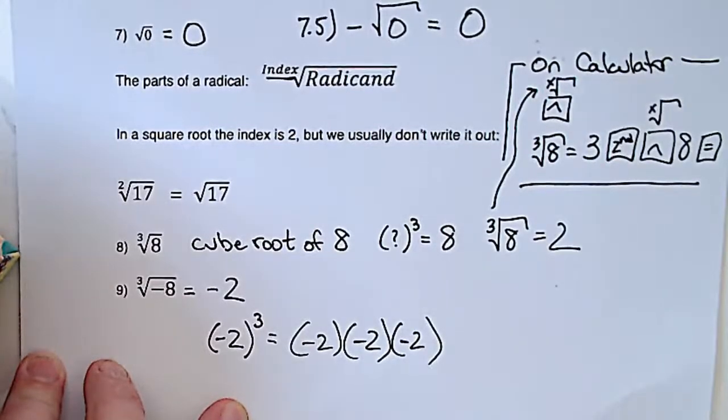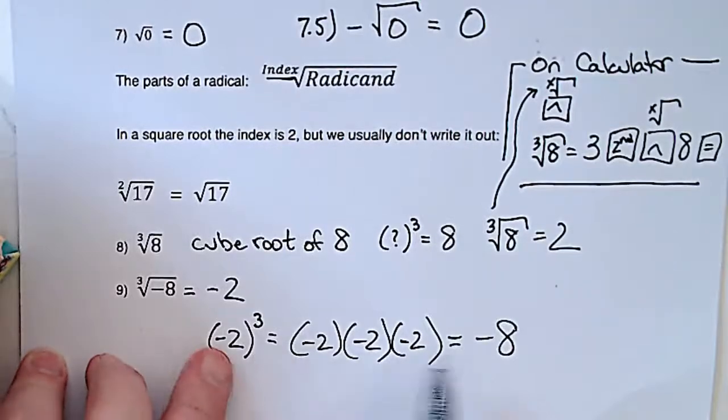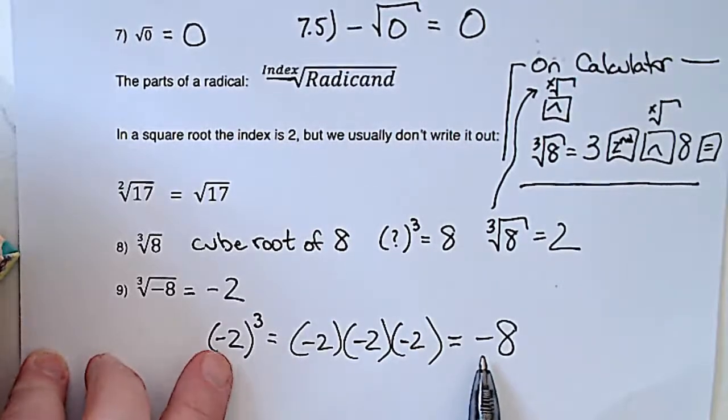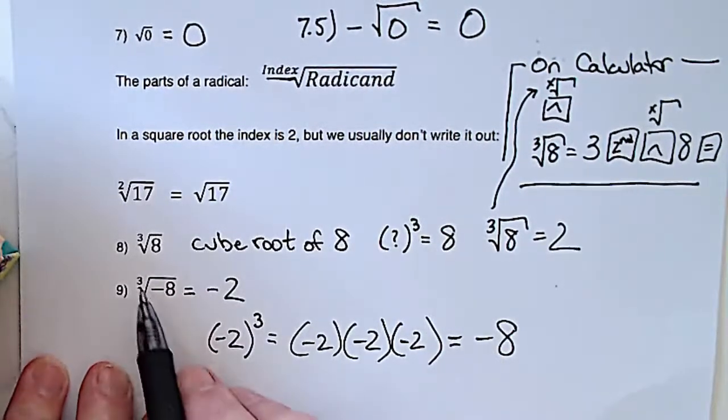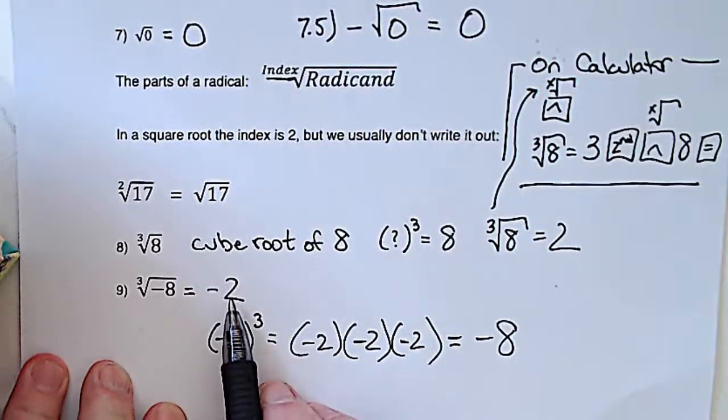Now here, when I do 3 minuses, these 2 minuses go together and make each other happy, but this one's left out, so it's going to make the whole thing sad. So when we cube things, cubing preserves that minus sign, so we can get to -8. So the cube root of -8 is -2.